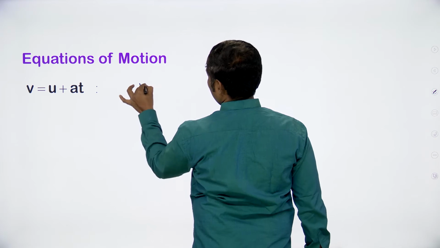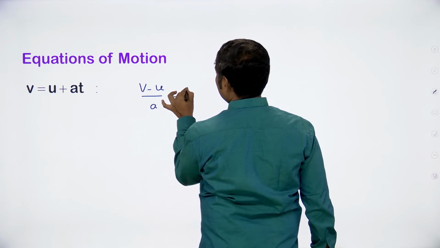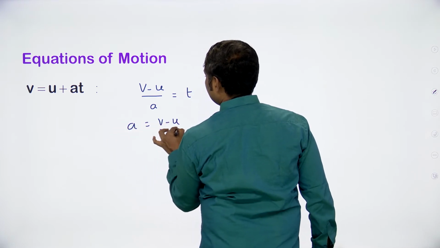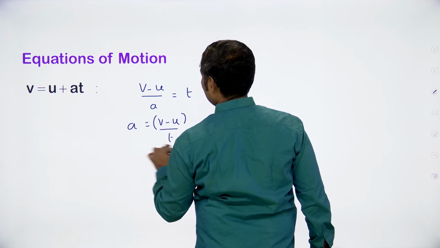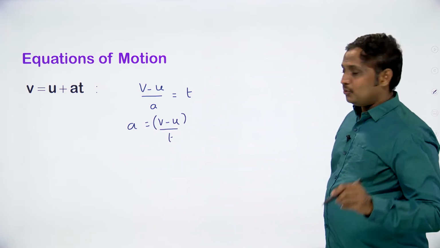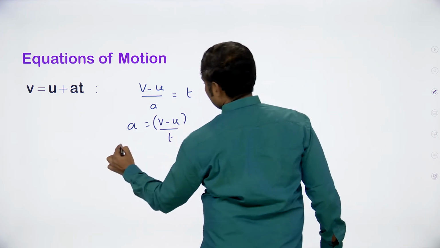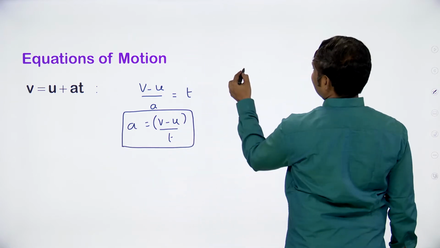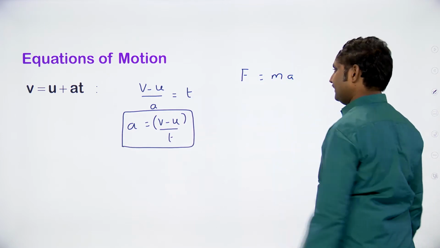We would like to find that V minus U by A is equal to T, and A is equal to V minus U by T. It is very clear. And also, if mass is going to be constant, you can get that F is equal to ma.